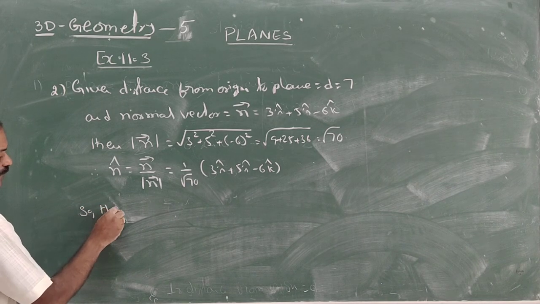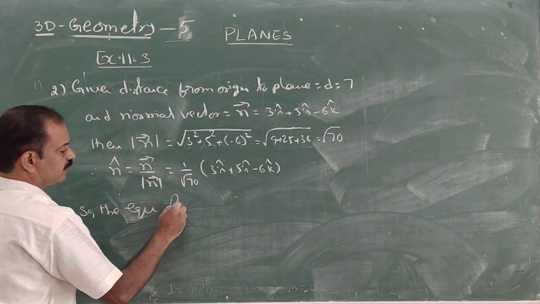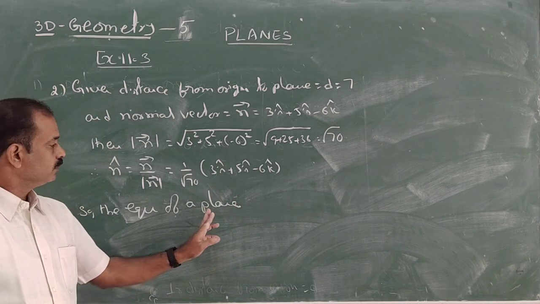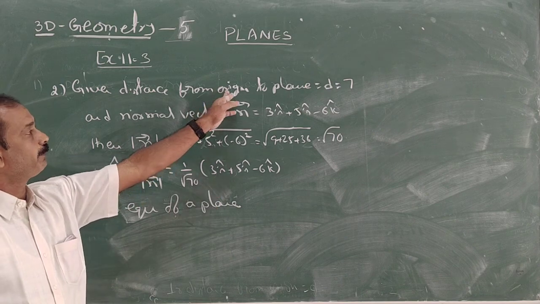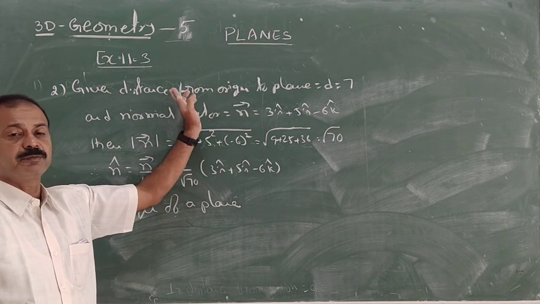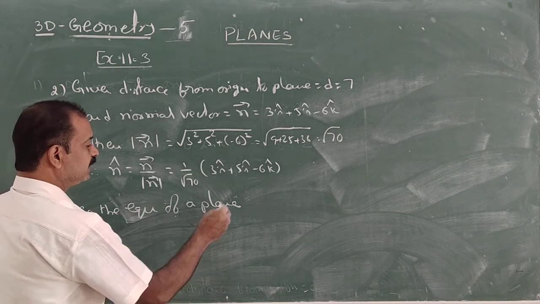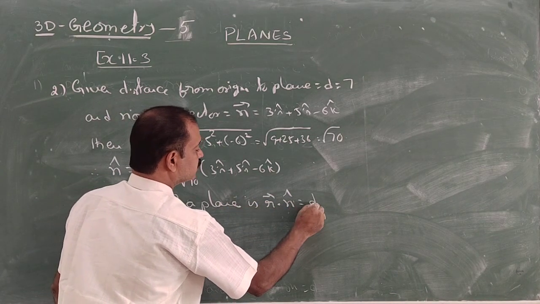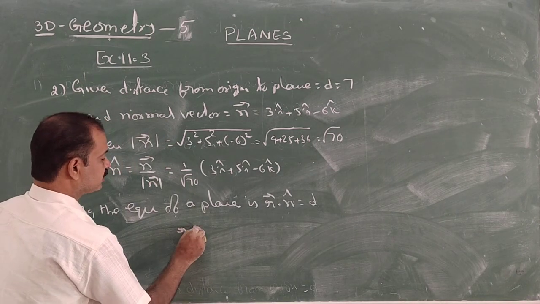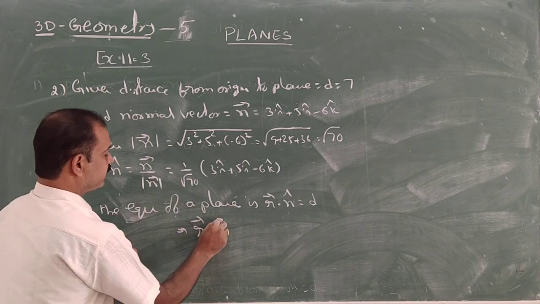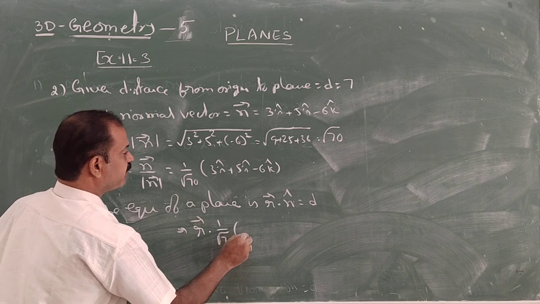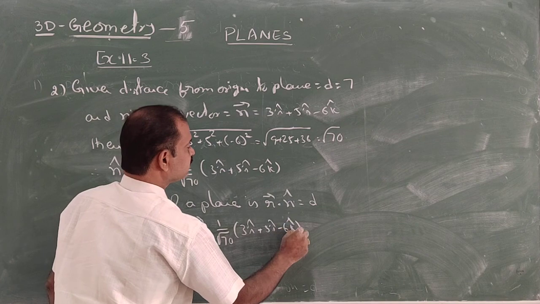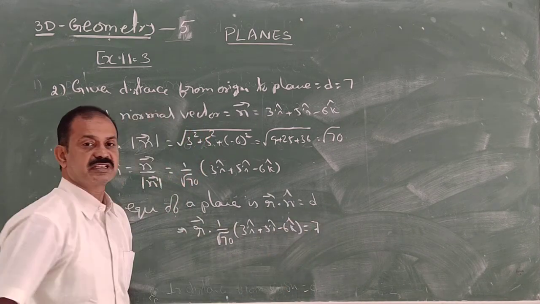So, the equation of a plane with the perpendicular distance from the origin is r dot n cap is equal to d, which implies r dot n cap is 1 by root 70 into 3i plus 5j minus 6k is equal to 7.